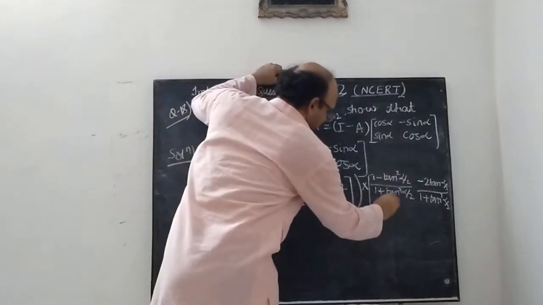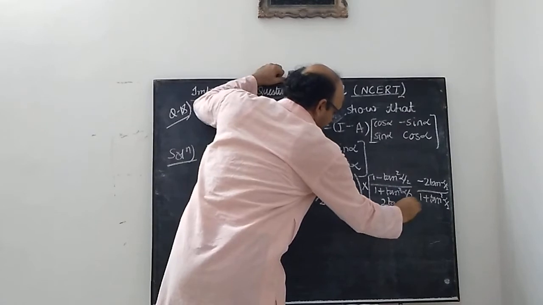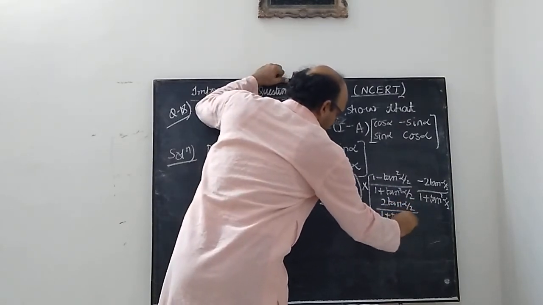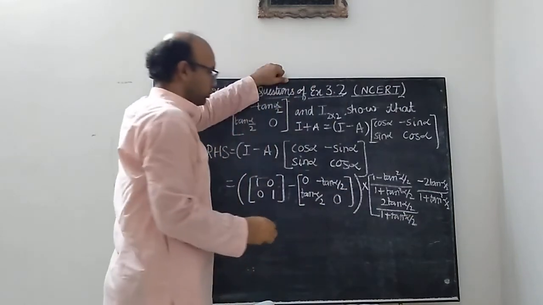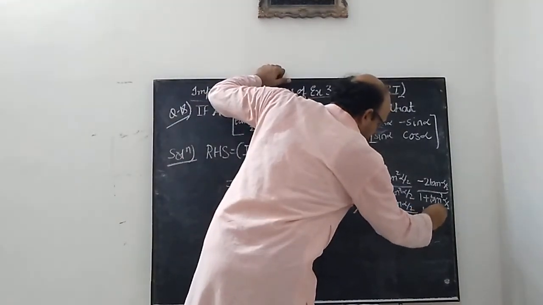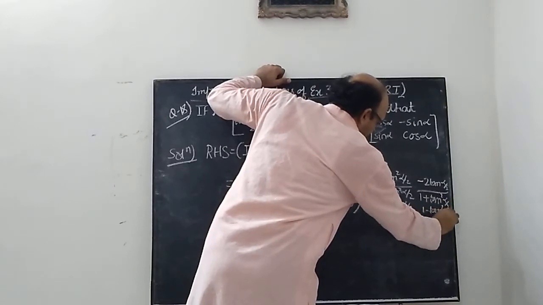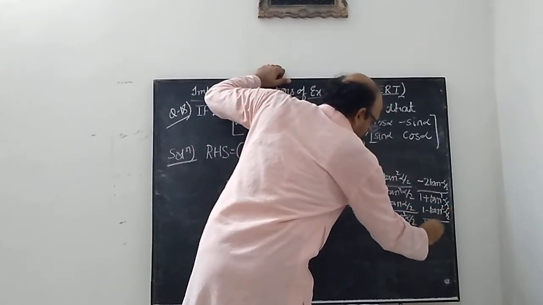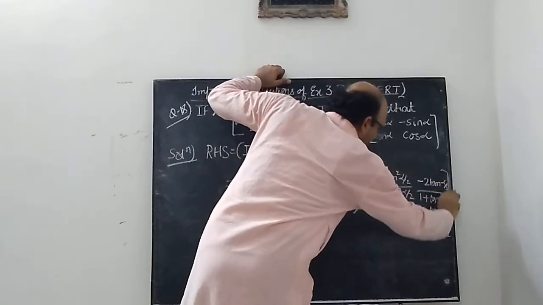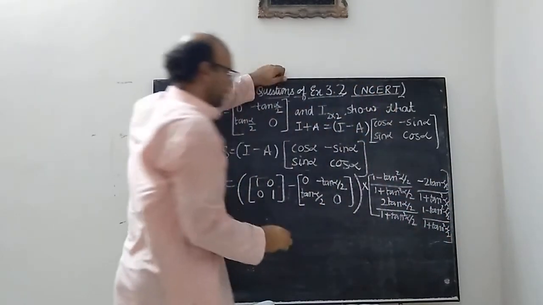This is 2 tan alpha by 2 upon 1 plus tan square alpha by 2, and then we again write the formula for cos alpha, 1 minus tan square alpha by 2 upon 1 plus tan square alpha by 2.